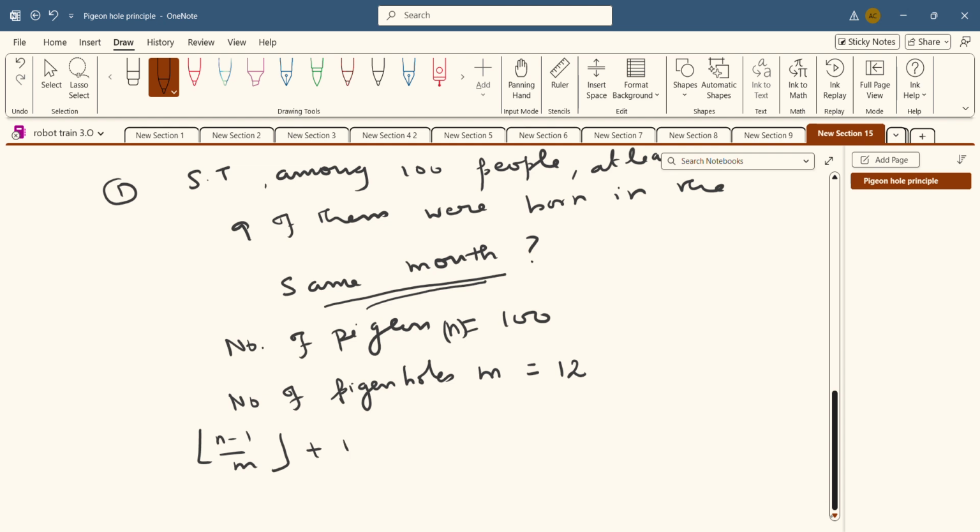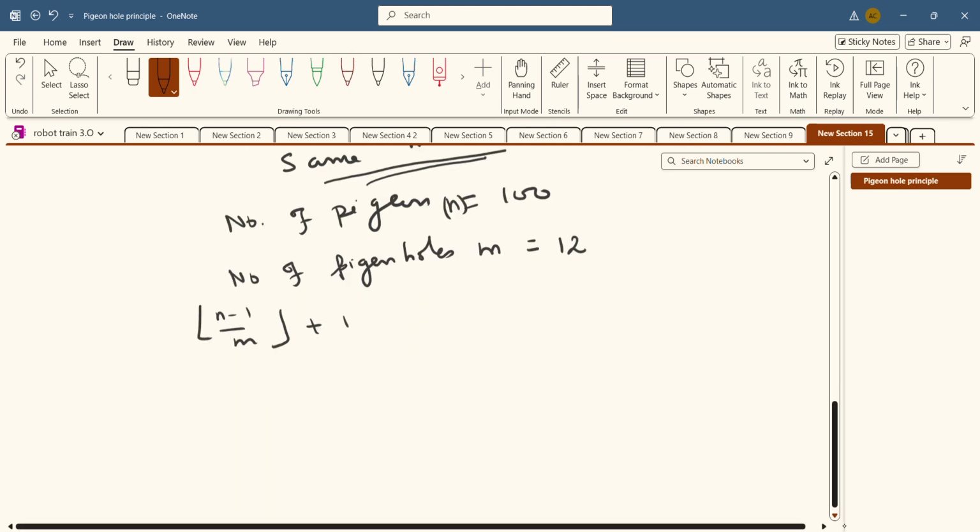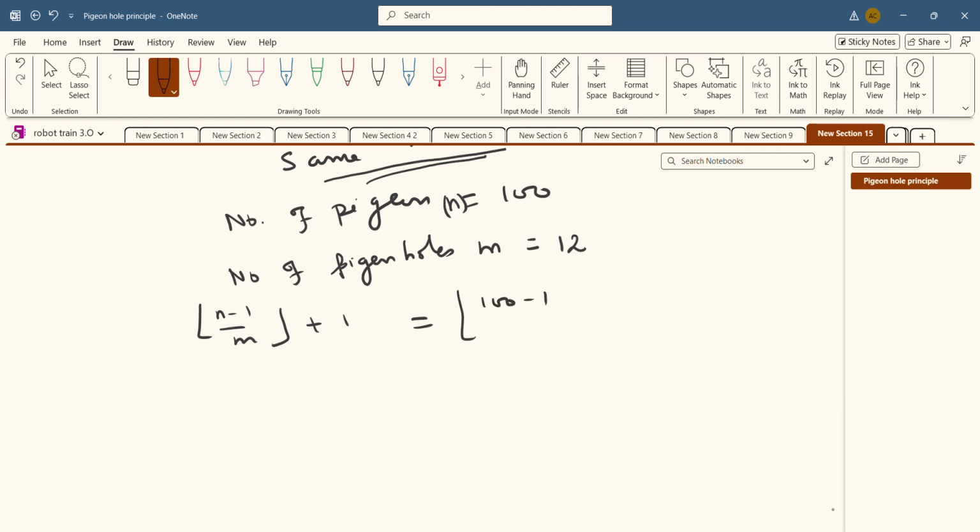This is the statement of the generalization. So what is the value of n? It is floor of (100 minus 1) divided by 12, plus 1 pigeons. At least one hole must contain at least this many pigeons.